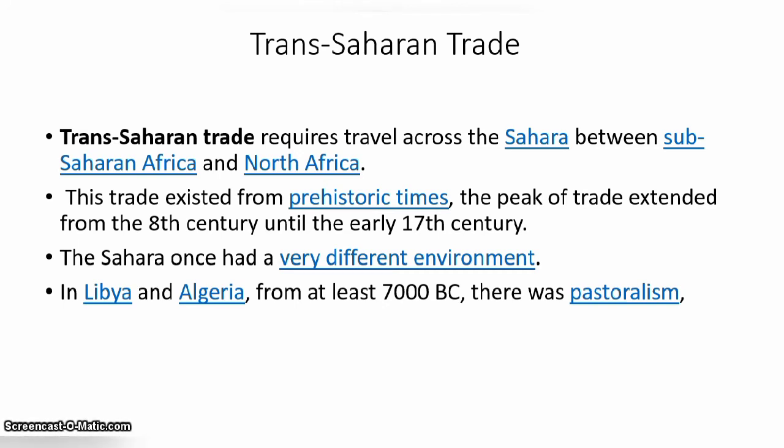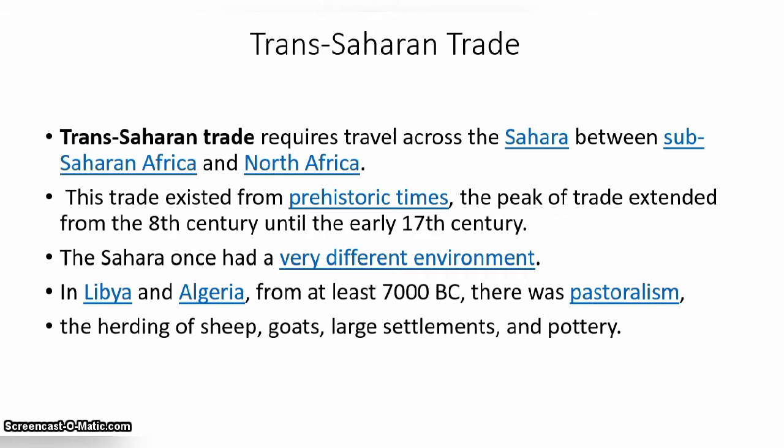So from at least 7,000 BC, there was pastoralism. And when we talk of pastoralism, it simply means the herding of sheep, goats, large settlements, and poultry.